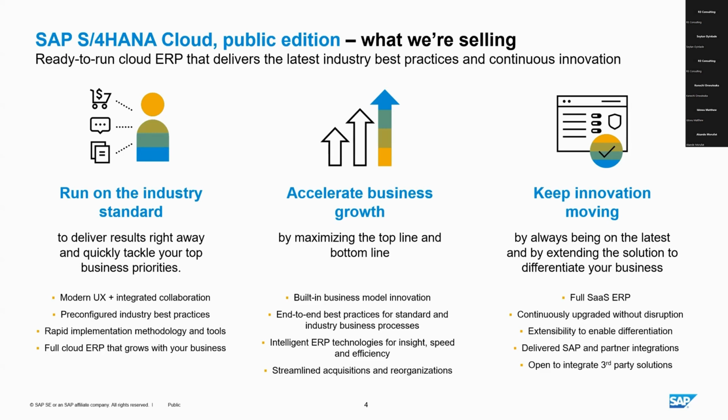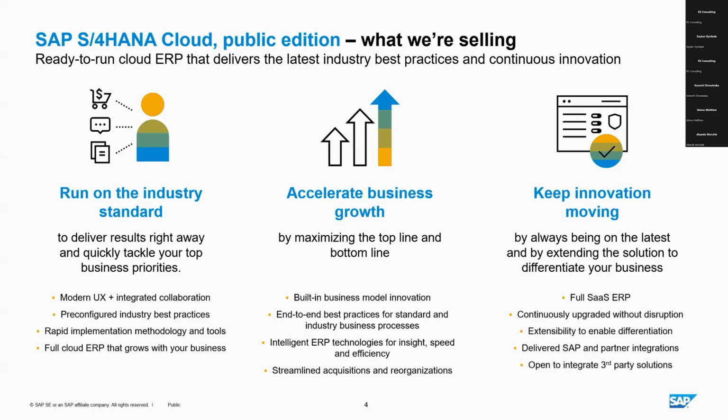Another thing we need to look at is accelerate business growth. We have built-in business model innovation, end-to-end best practices for standard and industry business processes, intelligent ERP technology for insight, speed, and efficiency. Then we have streamlined acquisition and reorganization.